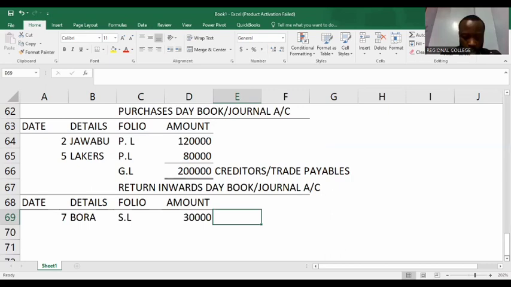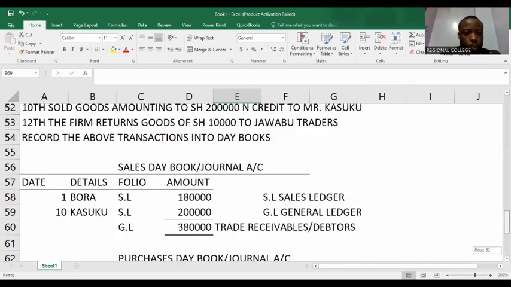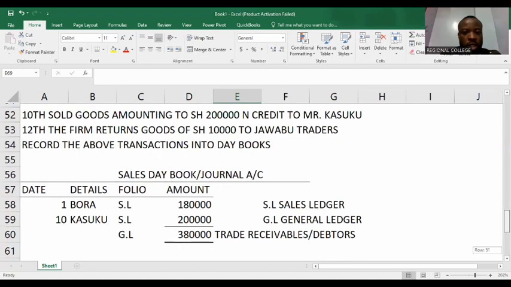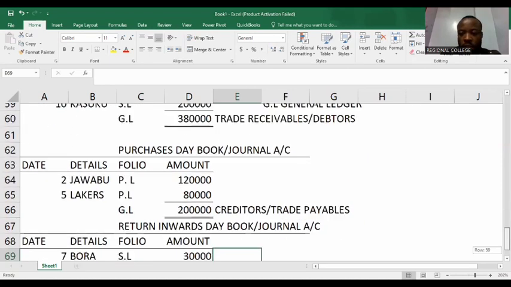Then the next transaction I'm having here is day 12. The firm returned goods worth 10,000 to Jawabu. So Jawabu was a supplier. So if you're returning, that is the return outwards.